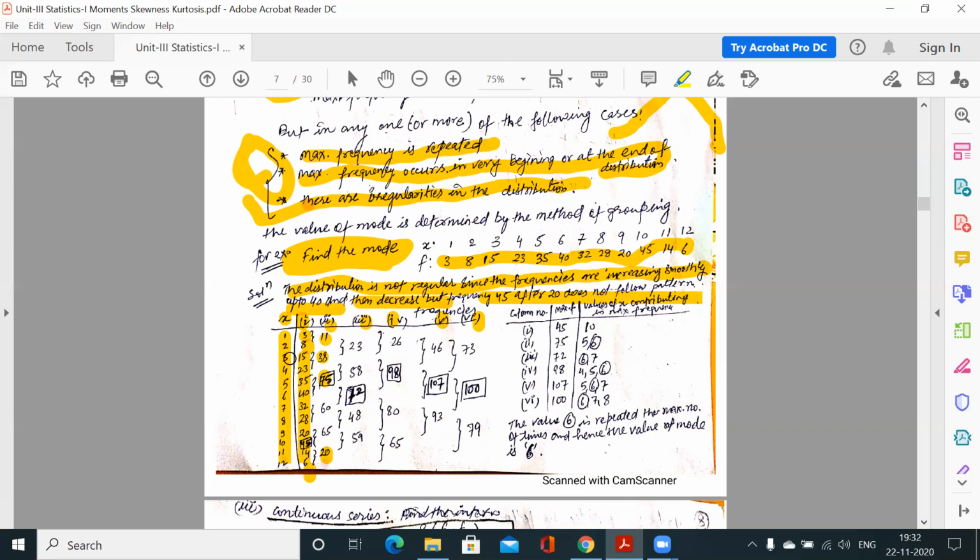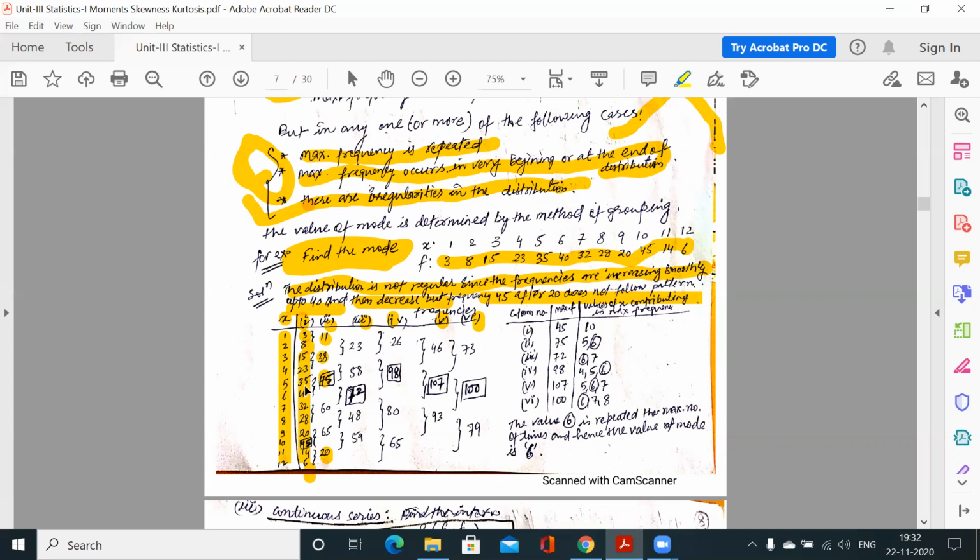So the first column is with respect to frequencies. For the second column we add consecutive two frequencies, starting from the first: 3 plus 8, 15 plus 23, 35 plus 40, like this. For the third column, leaving the first element of the first column, again we add two consecutive frequencies.